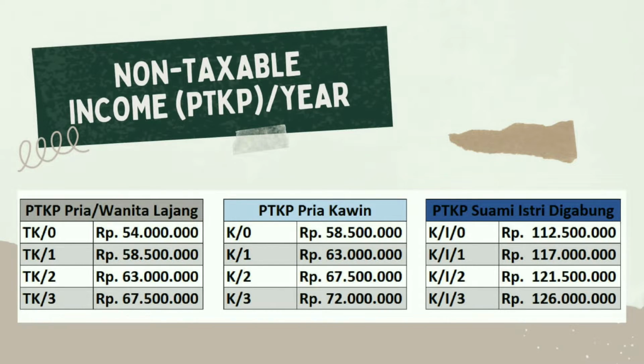So why do you find 112,500,000 rupiah from each of which? Because of income between men and women is 54 million each, so that they meet 112,500,000. Then for each dependent, pay again plus 4,500,000.